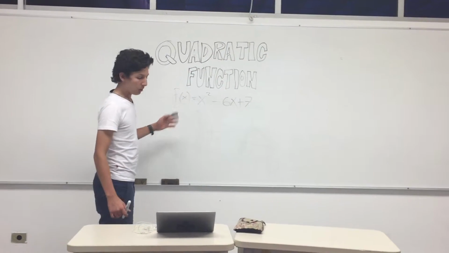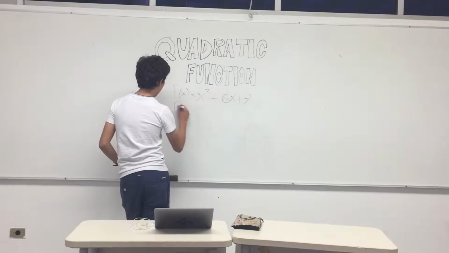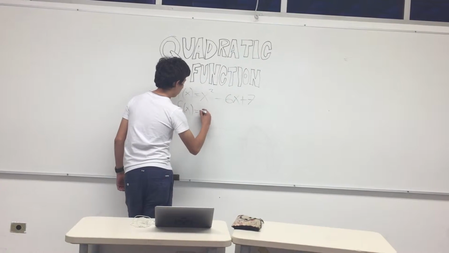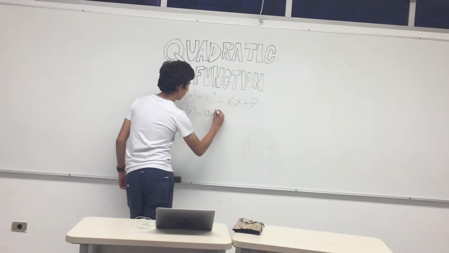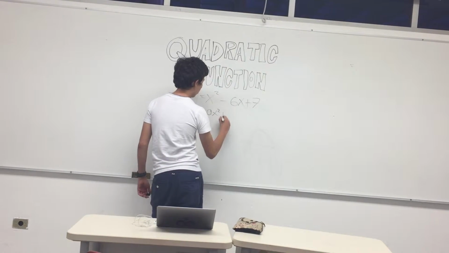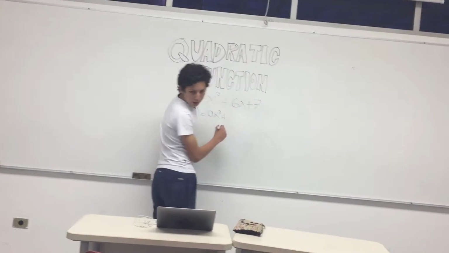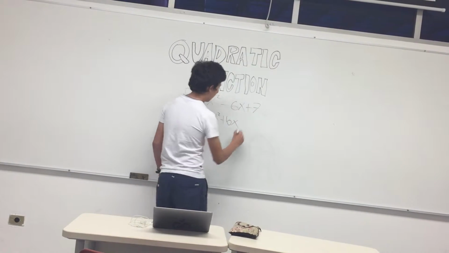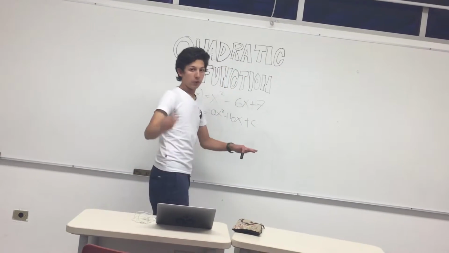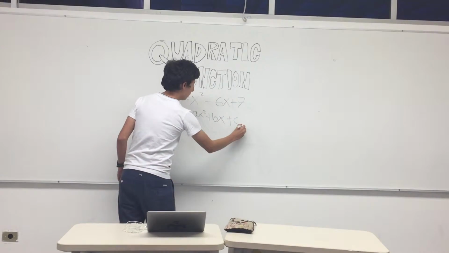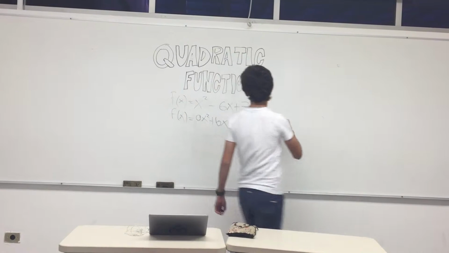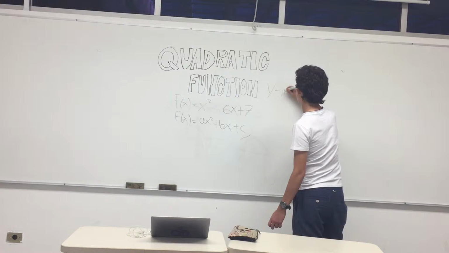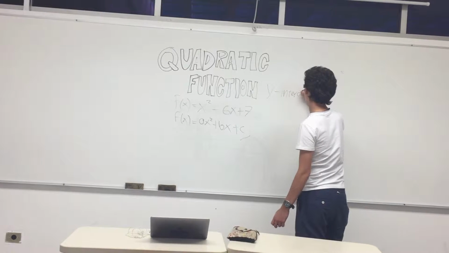As you can see, this is equal to what we explained before: f(x) equals ax squared plus bx plus c. Now, watch out because c will always be the y-intercept. Always. Okay?